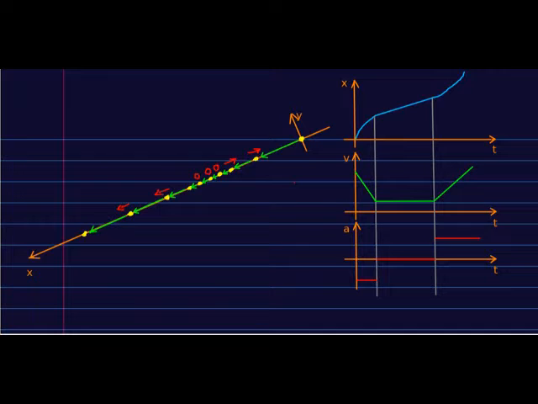When an object is speeding up, the acceleration vectors point in the direction of motion. When it's slowing down, the acceleration vectors point back against the direction of motion. And when it's going at constant speed in one dimension, the acceleration is 0. I'll just caution you, these are all the cases in one dimension, but as soon as we get to 2 dimensions, we get all kinds of other possibilities.